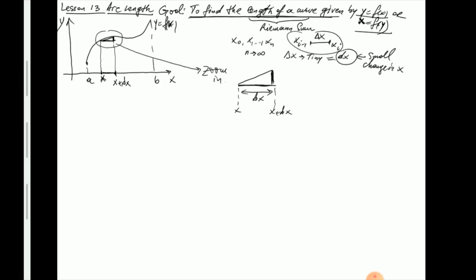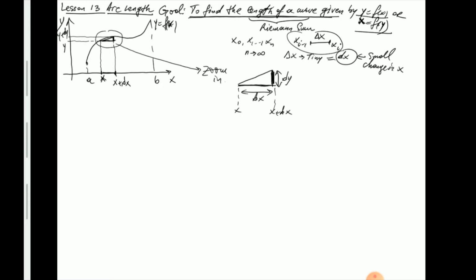And the corresponding vertical side will be the change in the y coordinate. If you go back to the original graph, for a small change in x, you're going to have a small change in the y coordinate, from y to y plus dy, here on the left side. So dy will be the change in y corresponding to a small change in x.